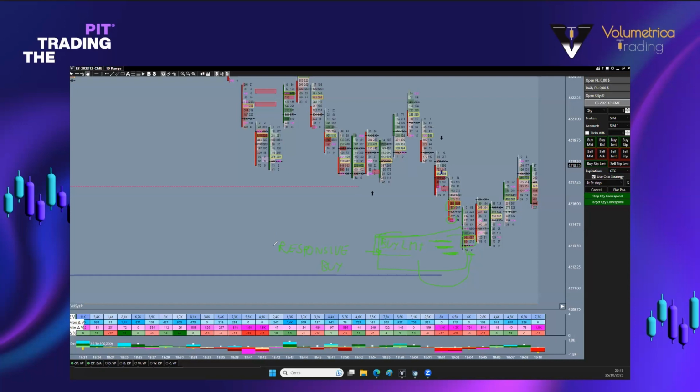Okay, so as we said last week, this is exactly what happens during absorption. Absorption is an evolution of responsive action.